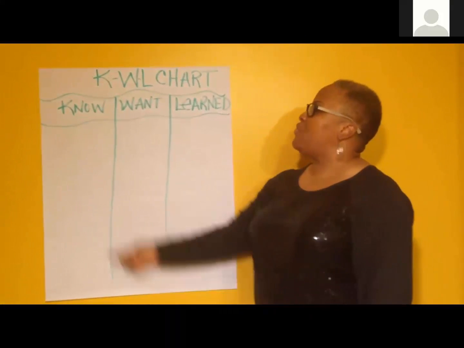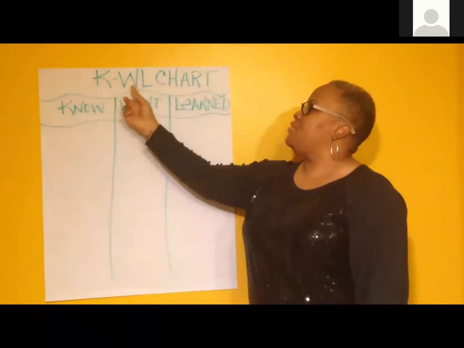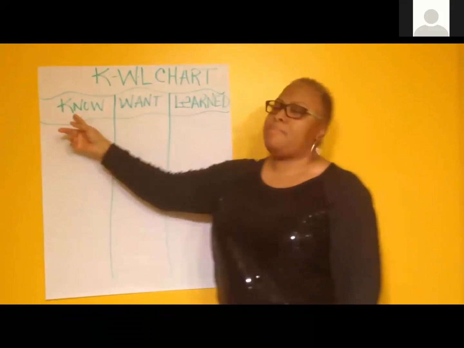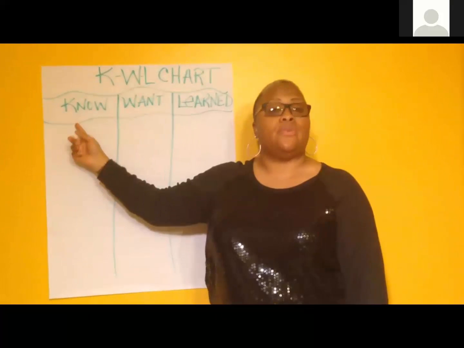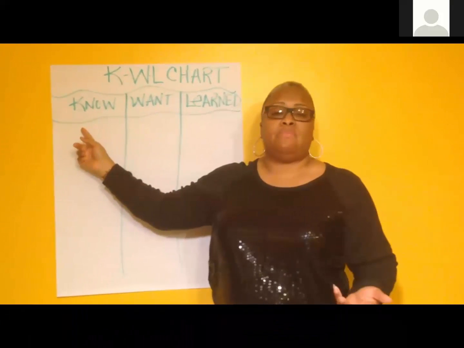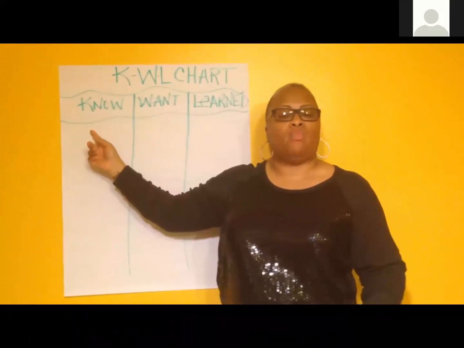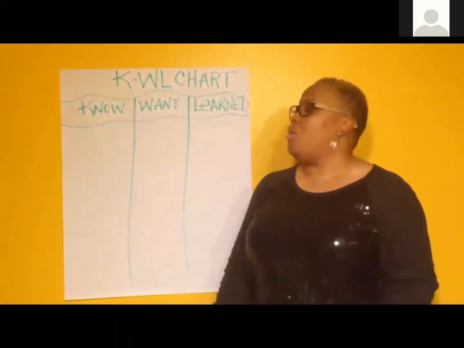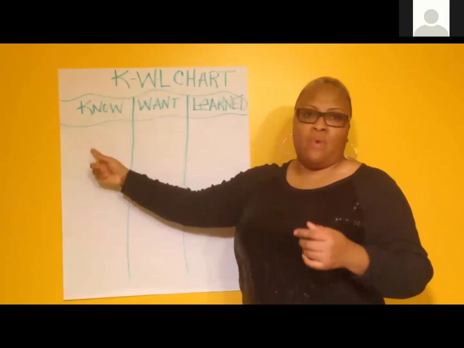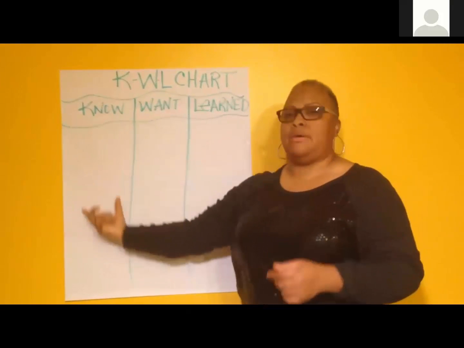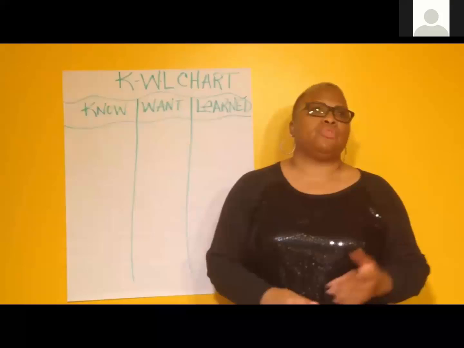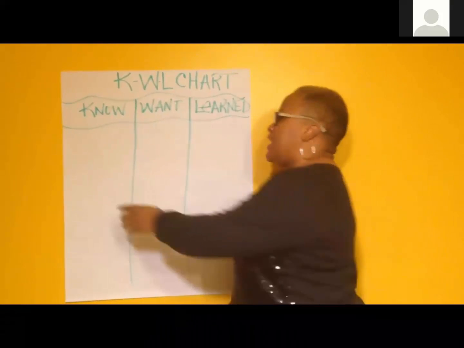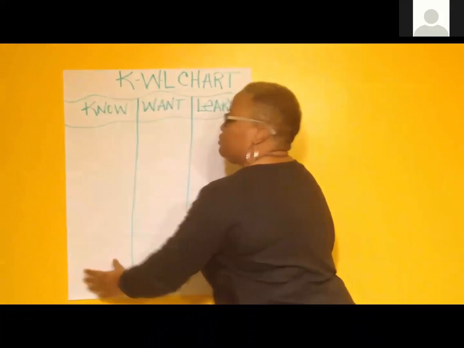As I stated before, the K, W, L. The K represents what the students already know. You will give them a topic, and then you will ask them, what do you know about this topic? And you will allow them to verbally or actually come up and write the information in the first column. The students will use this space to discuss prior knowledge in the first column.